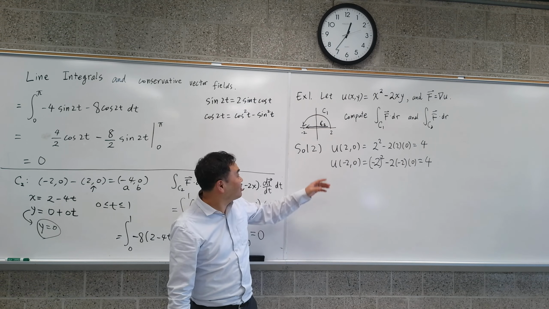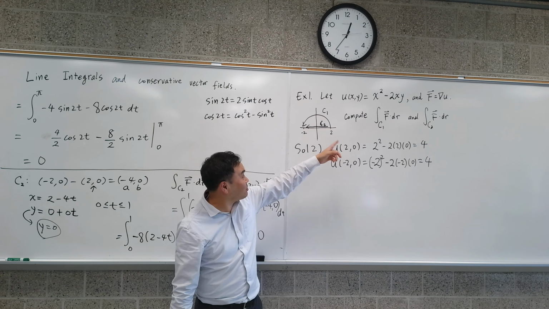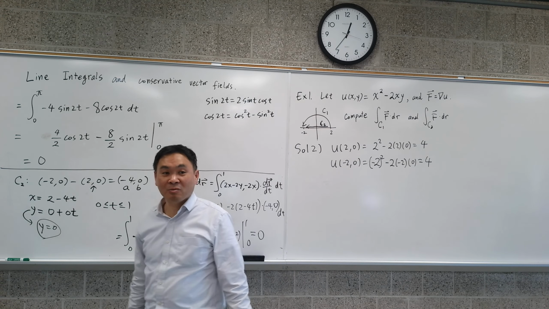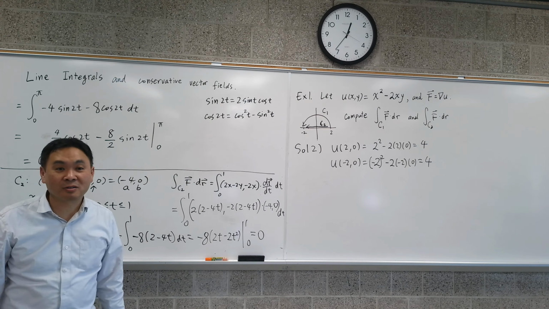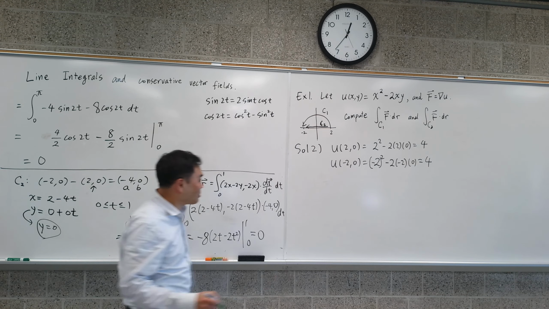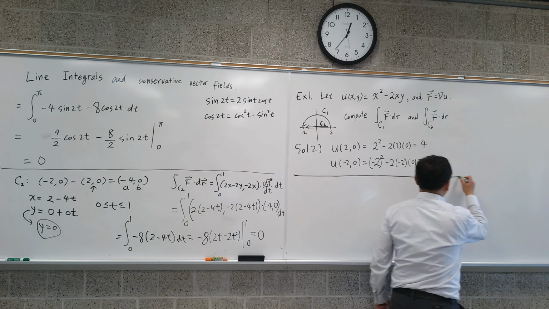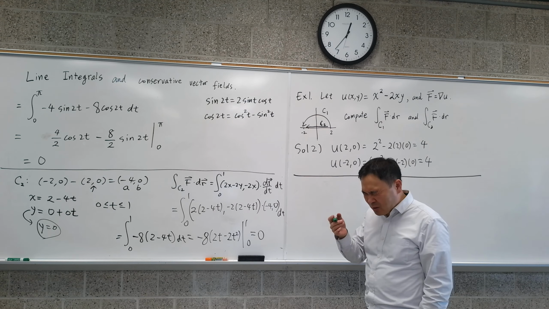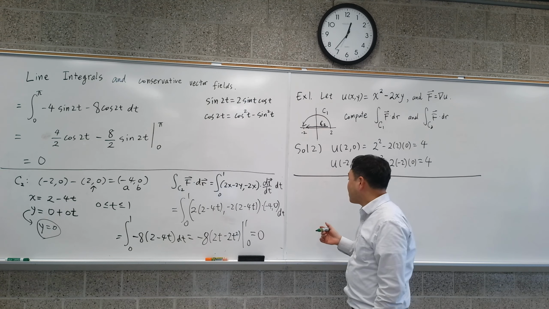In other words, the work done by the gradient field from here to there would be 0 because they have the exact same potential. Okay? So this is a nice thing about potential fields, gradient fields.